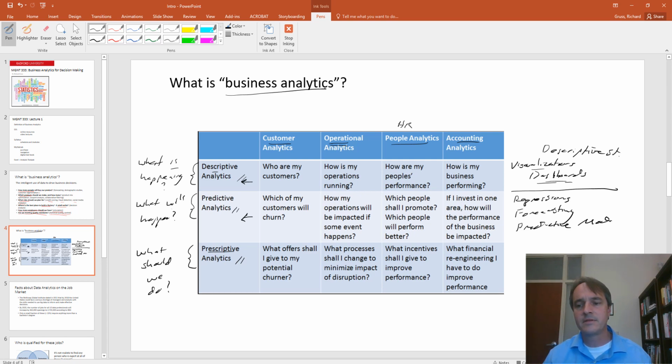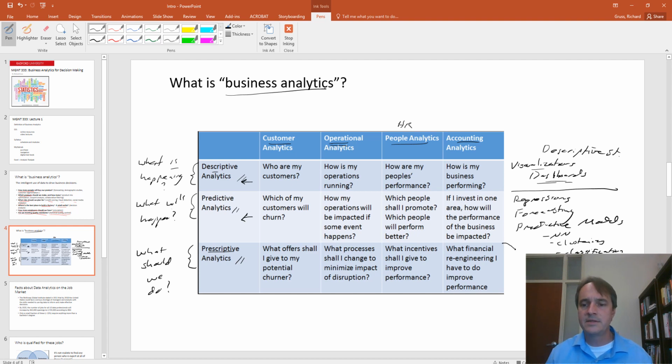These are things like neural networks, clustering and classification. Machine learning has a big role in a lot of predictive modeling. And I'm sorry for the messy writing, it's hard to write on the screen. So regressions, forecasting, predictive models.